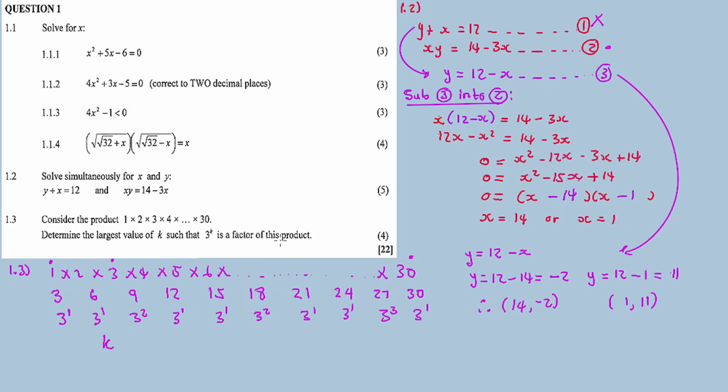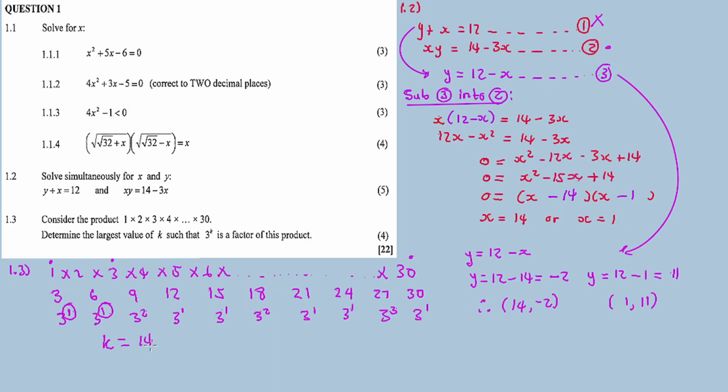So k is equal to 1 plus 1, 1, 2, 3, 4, 5, 6, 7, 8, 9, 10, 11, 12, 13, 14. So k will be equal to 14.